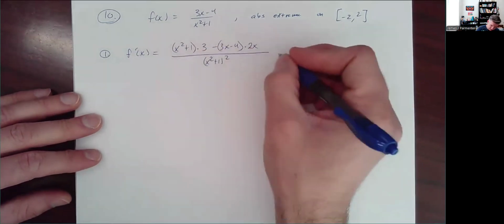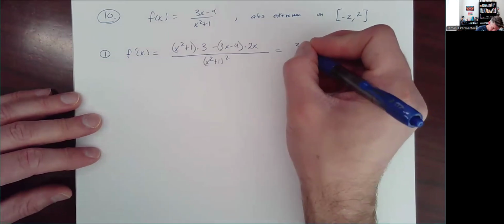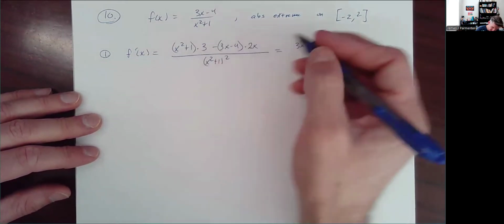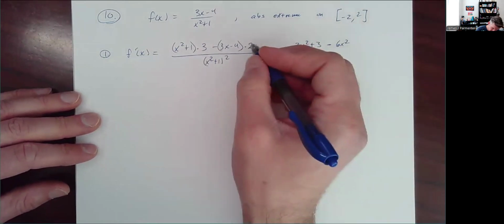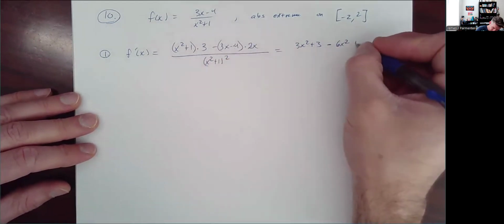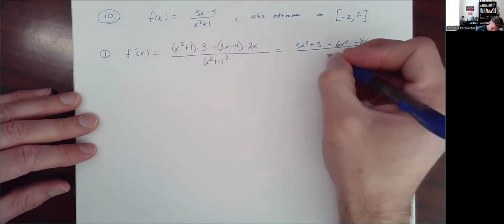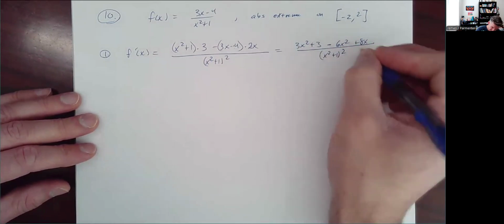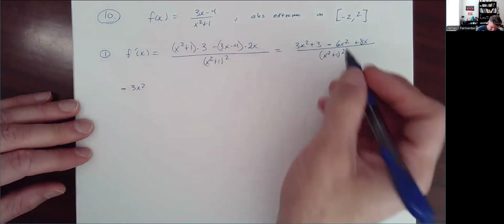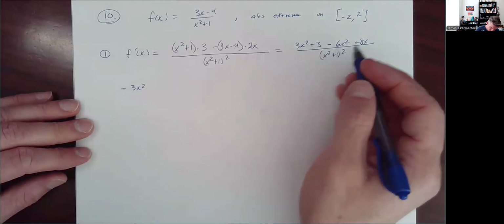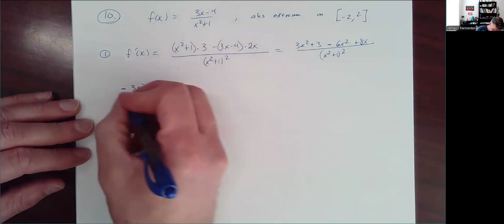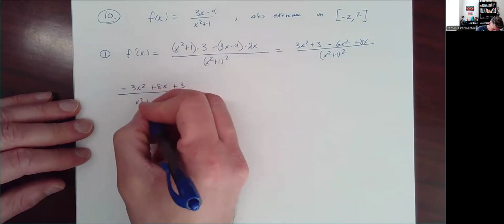We're going to simplify this, so we multiply the top and get 3x squared plus 3 minus the 2x times 3x, which is 6x squared, and the 2x times -4 is -8x, but it's minus the -8x, so it's really plus 8x, all divided by x squared plus 1 squared. Simplifying further, we get a -3x squared, right, because 3x squared minus 6x squared, and a plus 8x plus 3, all divided by x squared plus 1 squared.